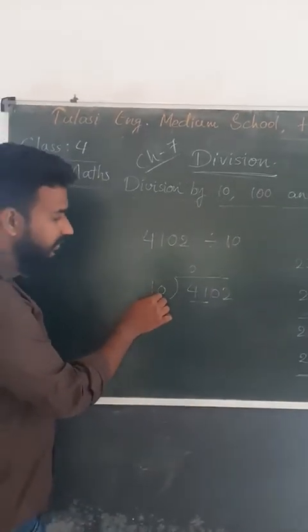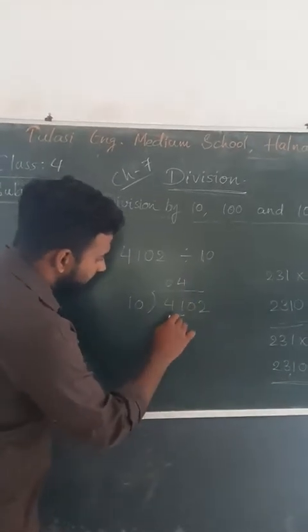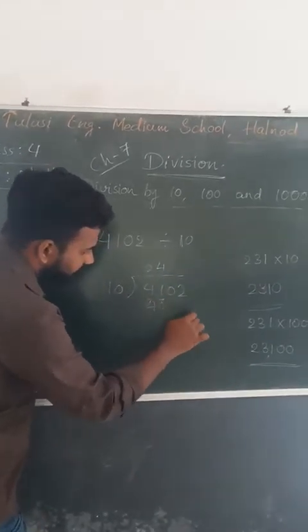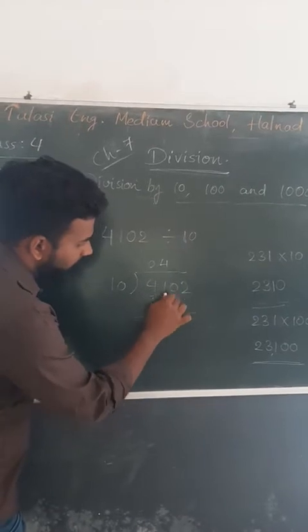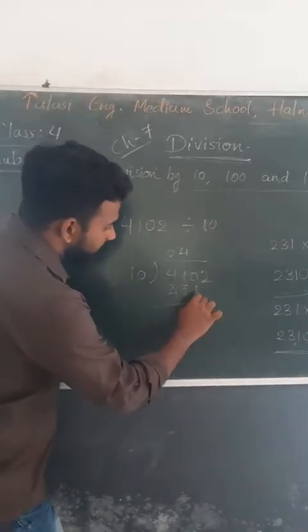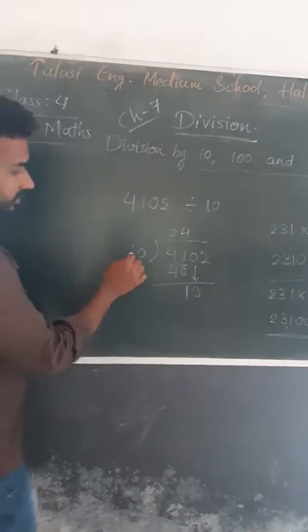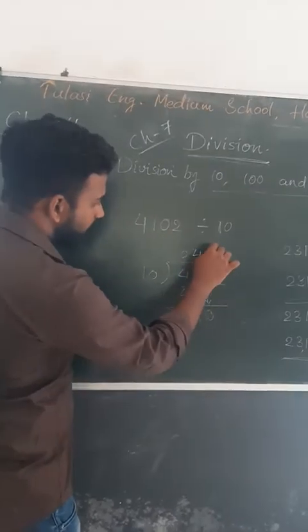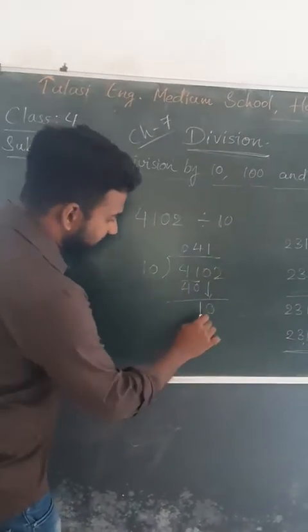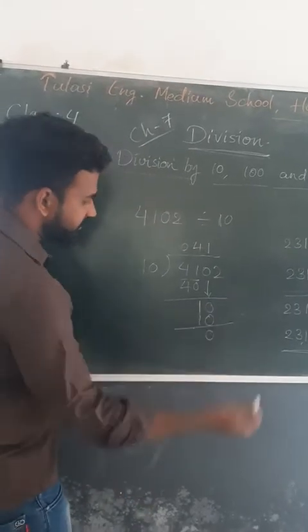You know that 10 into 4 is equal to 40. 1 minus 0, 1. 4 minus 4, 0. I am bringing down one more digit, that is 0. It is 10. You know that 10 once is 10. 10 minus 10, 0.